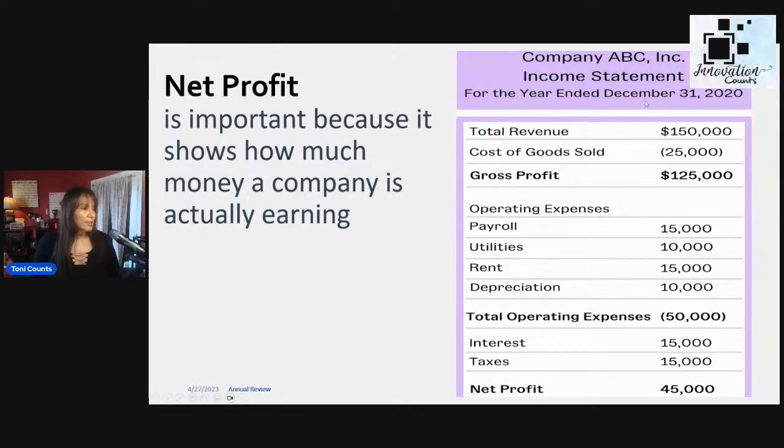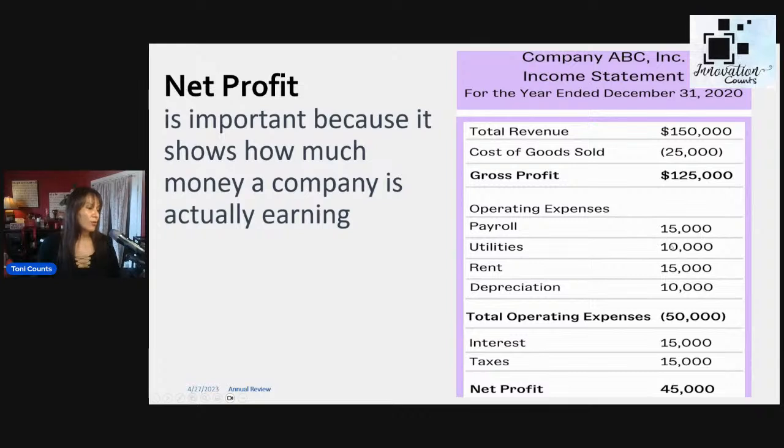So let's take a look at this profit and loss statement here. This is for the year ending December 31st, 2020. This business had a total revenue of $150,000, cost of goods sold of $25,000. So their gross profit is $125,000. Now we factor in their operating expenses. Remember, operating expenses are expenses that are going to occur whether or not you're generating any sales.